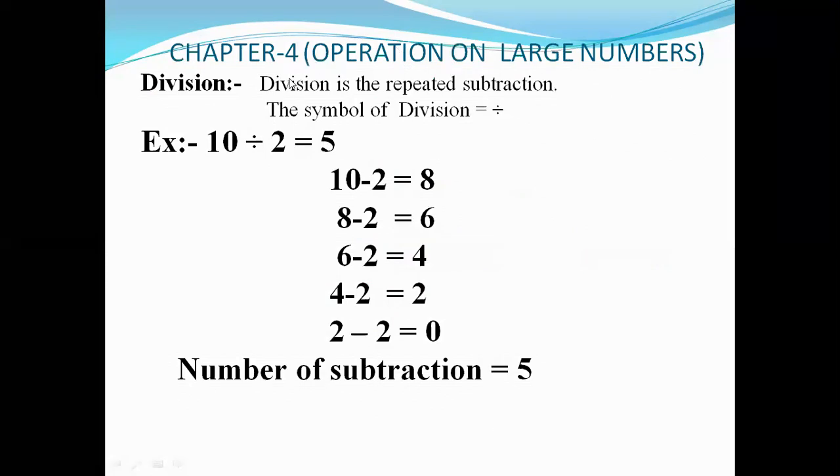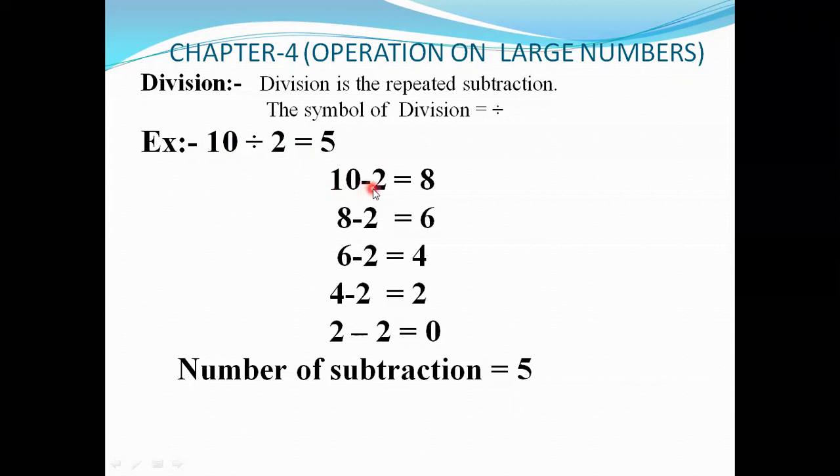Here is an example: 10 divided by 2 is equal to 5. Now, we will try to understand how division is repeated subtraction. For this purpose, let us take an example. 10 divided by 2, we get 5.